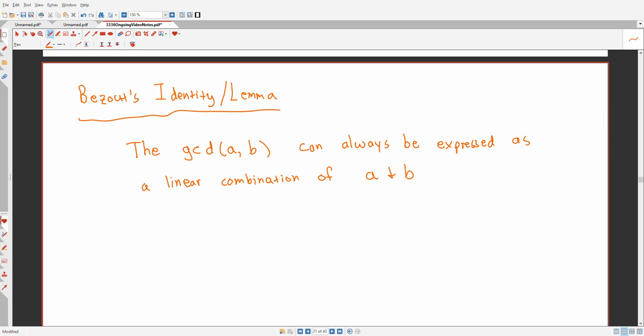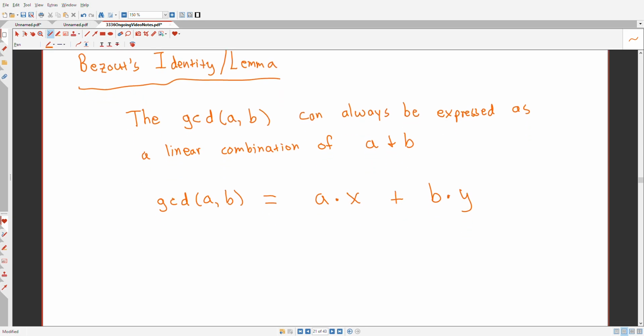Said more mathematically, whatever the greatest common divisor of these 2 integers is, there is always an integer x and an integer y so that a times x plus b times y is that greatest common divisor. So this is for some integers x and y.